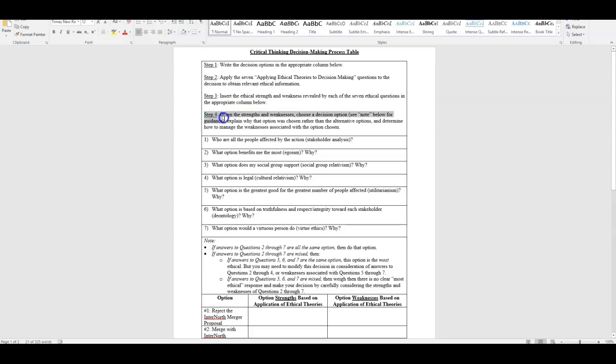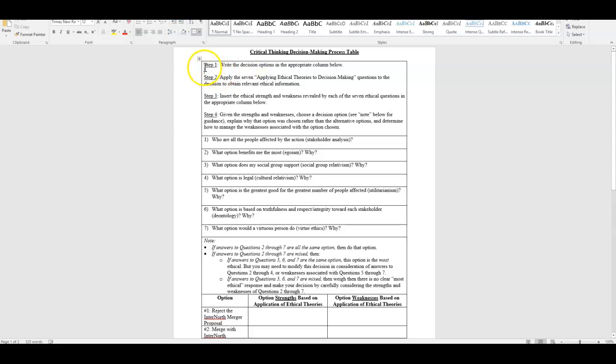And then step 4. Given the strengths and weaknesses, choose a decision option. See note below for guidance. Explain why that option was chosen rather than the alternative options, and determine how to manage the weaknesses associated with the option chosen. So I'm going to take you through that.